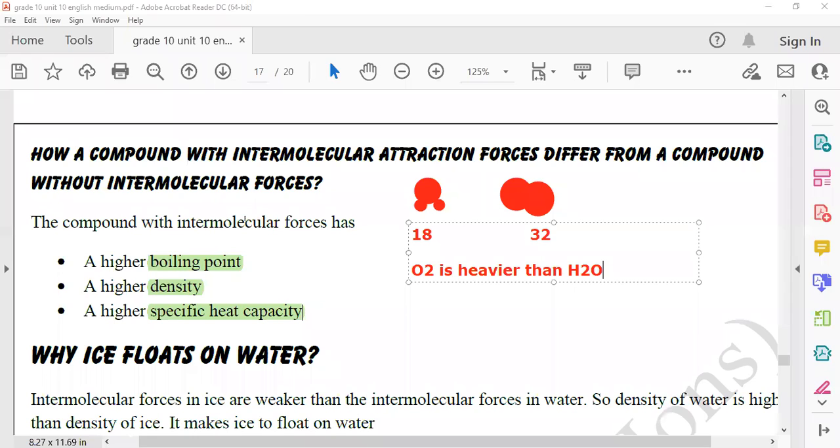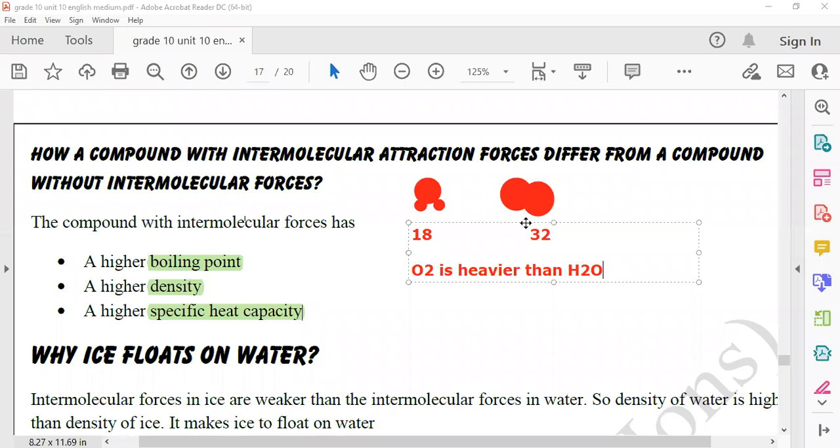Although O2 is heavier than H2O, if you take 1 liter O2 and 1 liter H2O, who will be heavy? H2O will be heavy because in H2O, intermolecular forces are present.